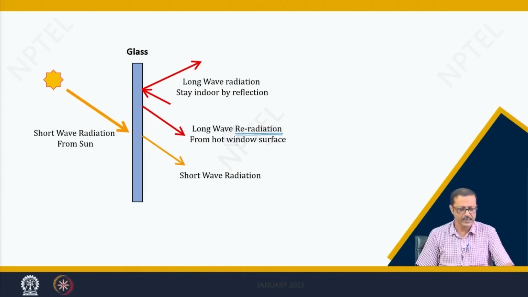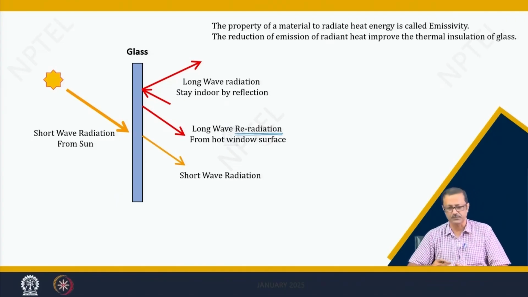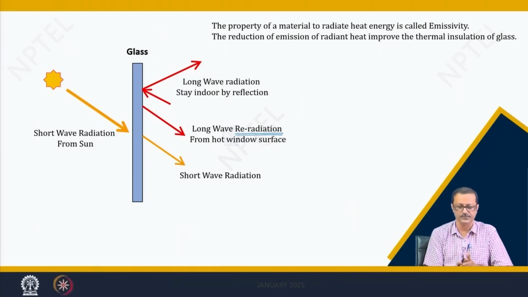So, somehow we can do something by virtue of material science, that some coating can be given on these glass surfaces in such a way that the emissivity, what is emissivity? Emissivity is a property of a material to radiate heat energy.